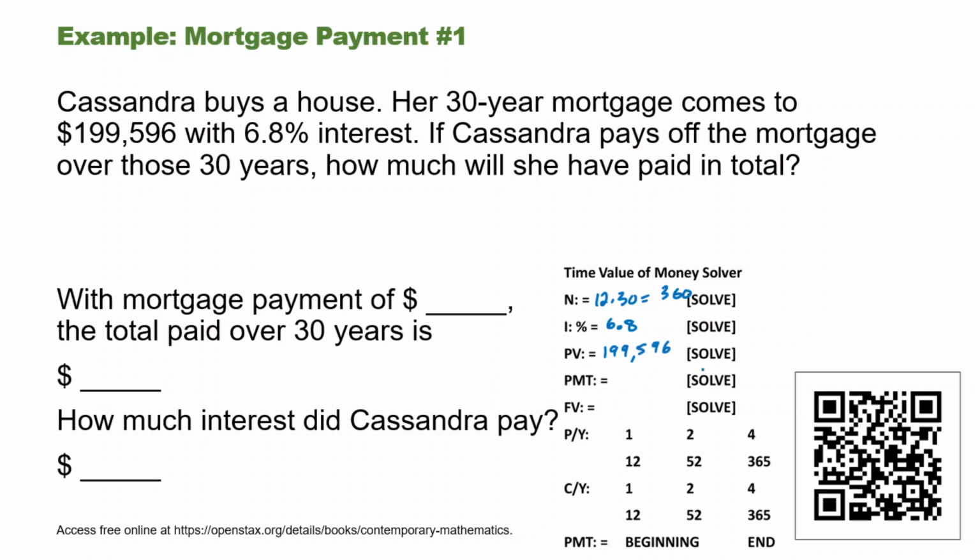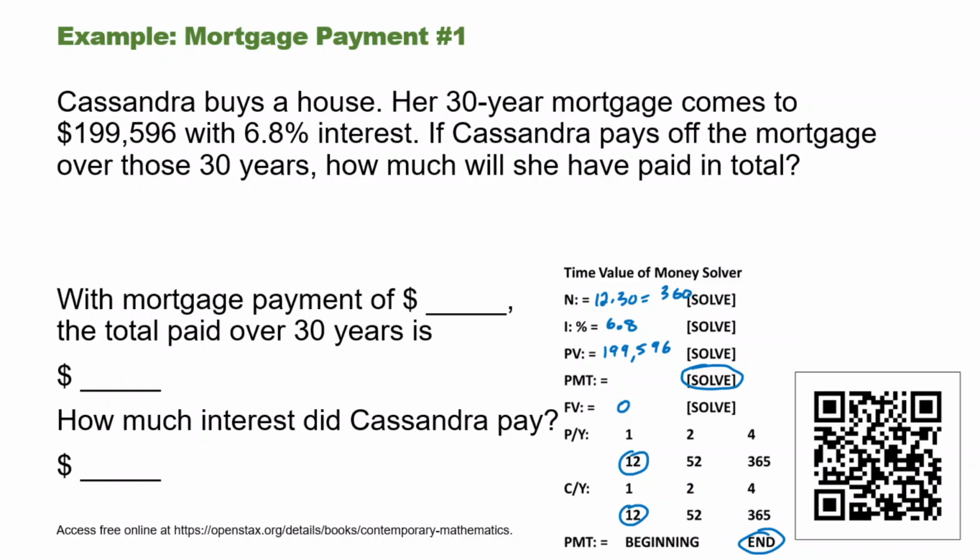PMT, the payment, is unknown, so we will circle solve here. With a future value, FV, of 0, because we're going to pay this loan off. P/Y will be 12 payments per year, since they are monthly. And C/Y, compoundings per year, would also be 12, with payments being made at the end of the period, because we're not told otherwise. So let's go ahead and go to the electronic TVM solver.